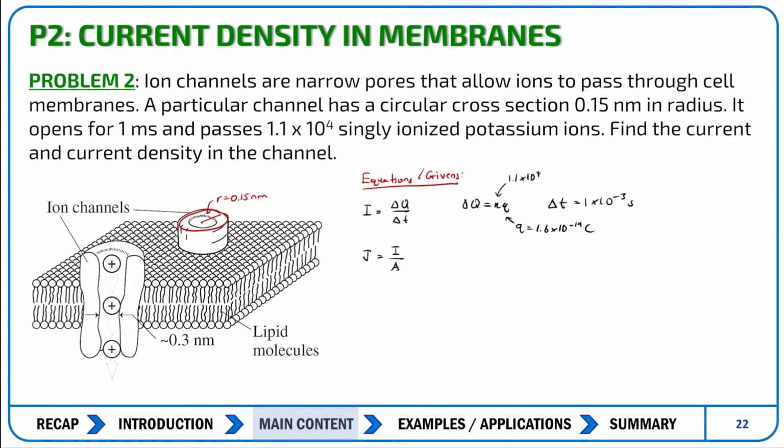Now for J, we know that I will be solved from I equals delta Q over delta T. We know that A is the cross-sectional area for a circle, which is pi r squared, and we know that r is equal to 1.5 times 10 to the negative 10 meters. So based on that, we can start solving for each of these.